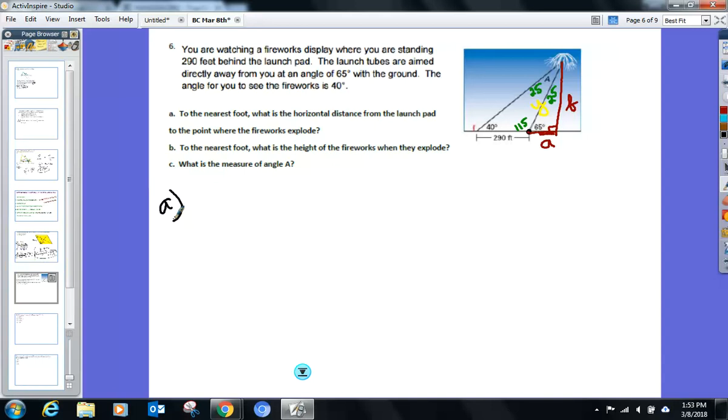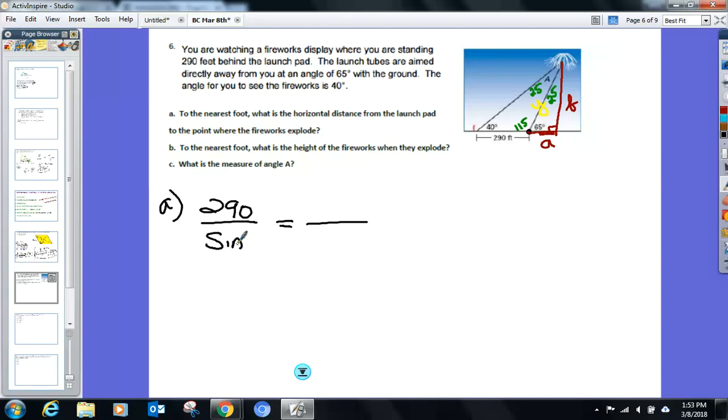How did we find it yesterday? Okay, go ahead. Pick one triangle where you can give me all the information from. Over. Sine of what?